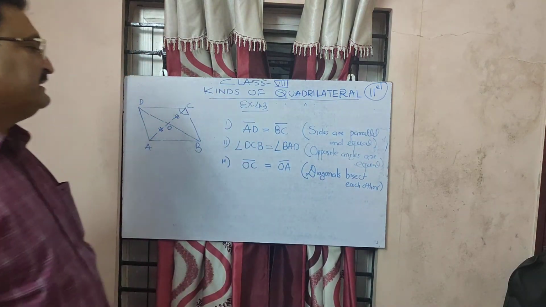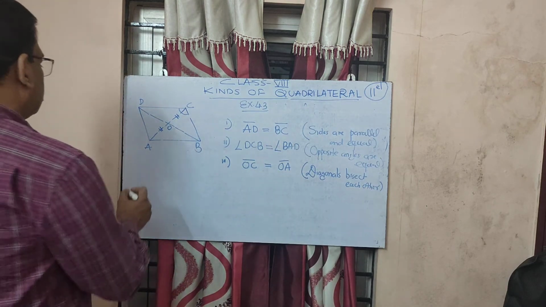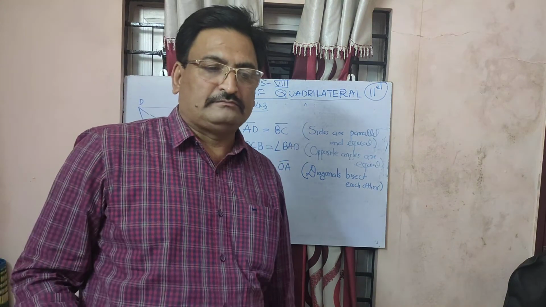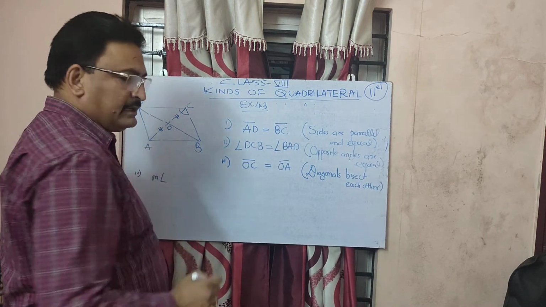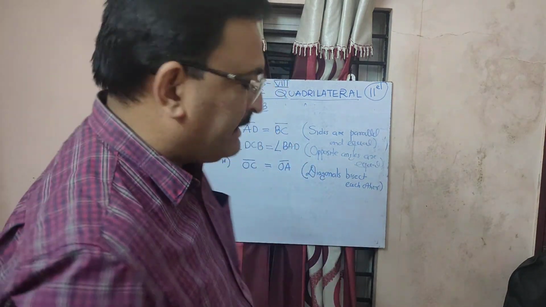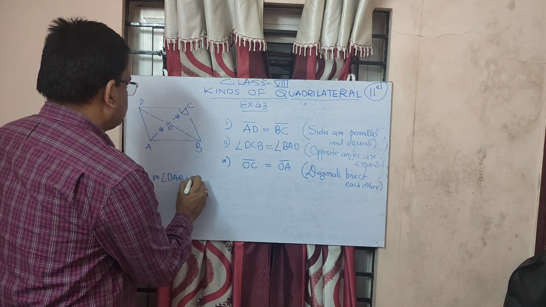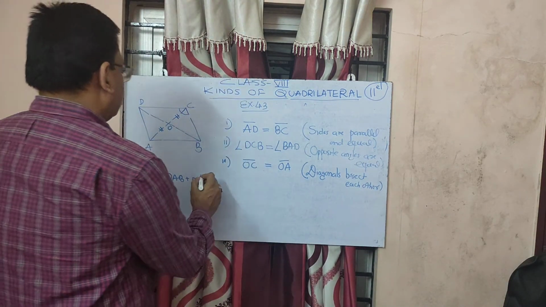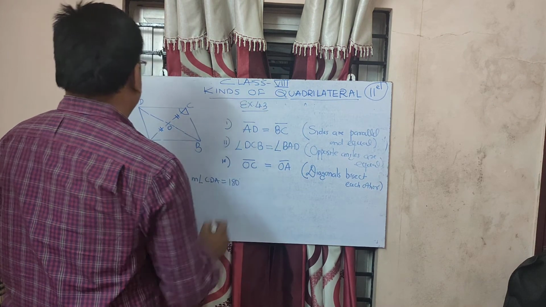What is the fourth one? Angle DAB plus angle CDA is equal to 180.